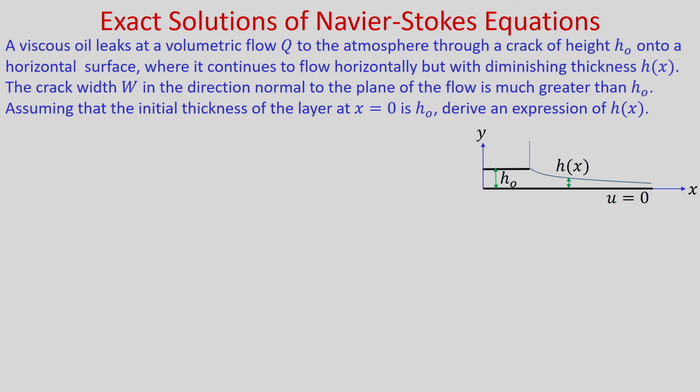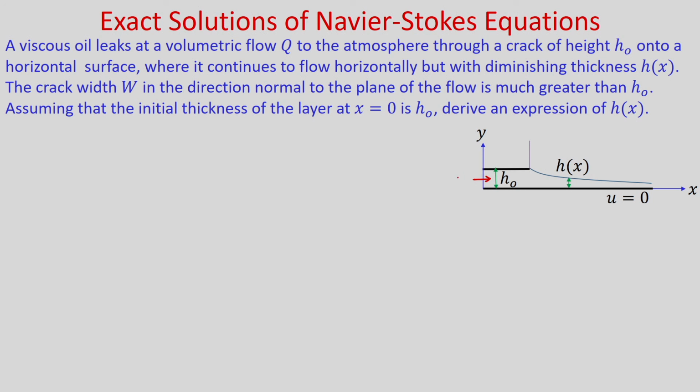The crack width w in the direction normal to the plane of the flow is much greater than h naught. Assuming that the initial thickness of the layer at x equal to 0 is equal to h naught, derive an expression of h(x).